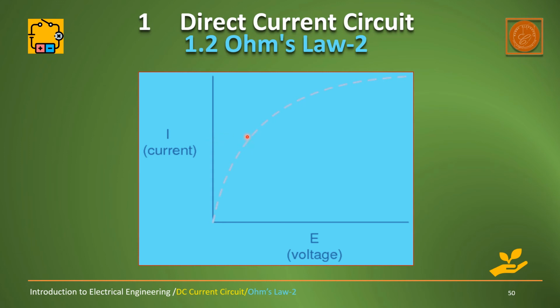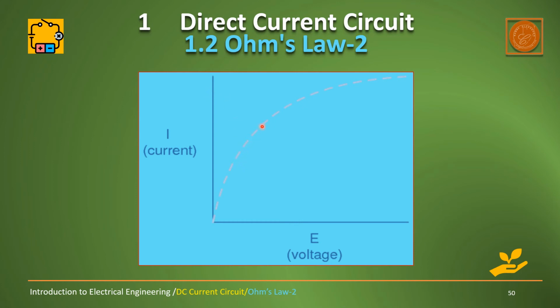The crossover point is here. If we give a different voltage, we get a different current, and so on for other voltage points.